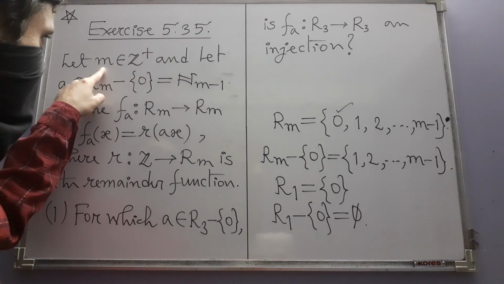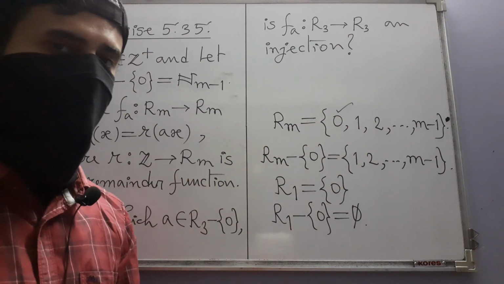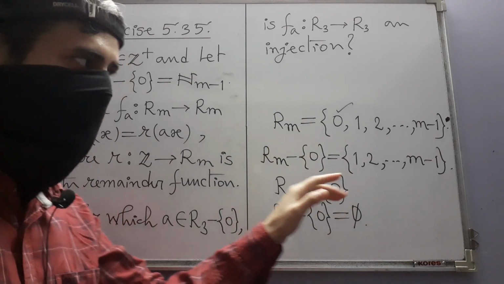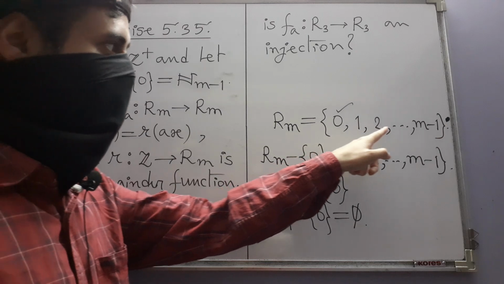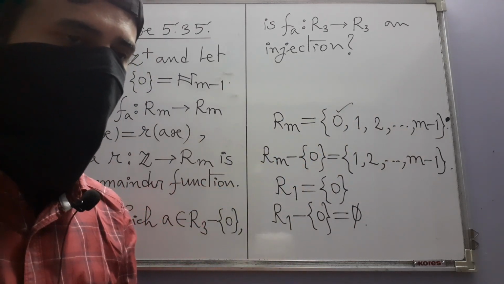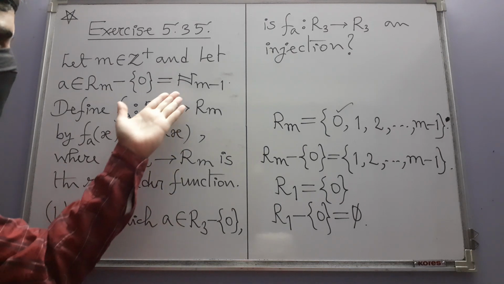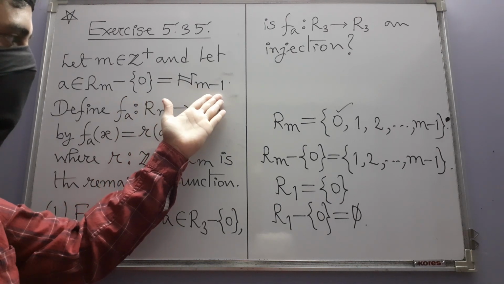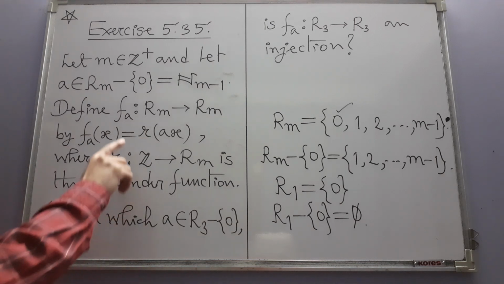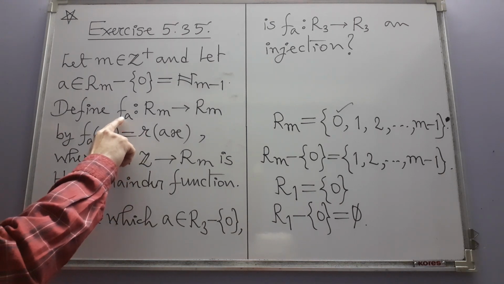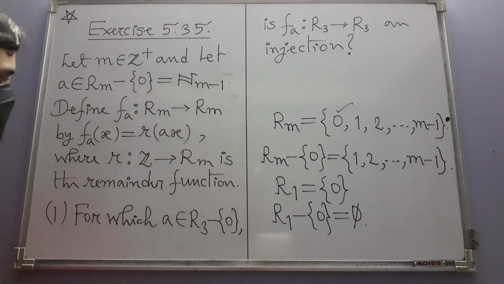We have a positive integer m, and for that positive integer we have this set Rm. From this set, again an element A has been chosen. A is anything here but not 0. And you can understand what Rm minus 1 is. It is just this set. So with these things, we then define a function fa from Rm into Rn. What is fa?